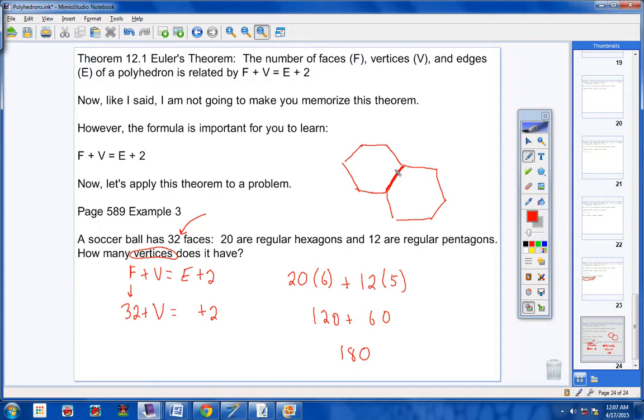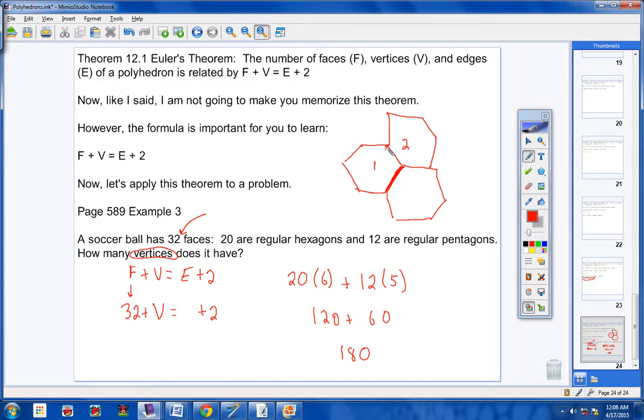Every single time one side from a polygon, every time an edge was formed, it took two sides of two polygons. Okay, here's another example right over here. Okay, look, this edge that was formed right here was formed by how many polygons? 2, 1, 2.